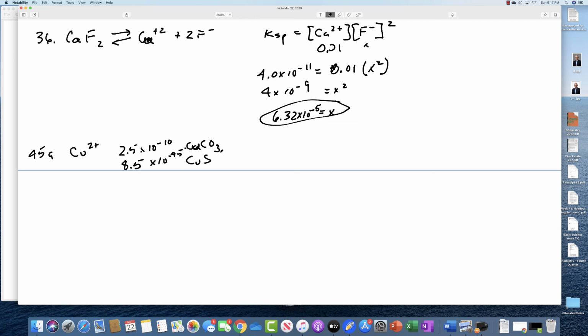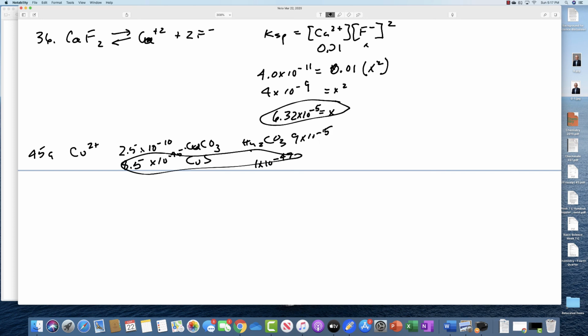We have Hg2 carbonate, which is 9 times 10 to the minus 15. And the other one would be Hg2S, which is 1 times 10 to the minus 47. So these two aren't very helpful.